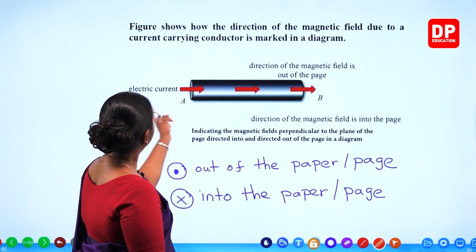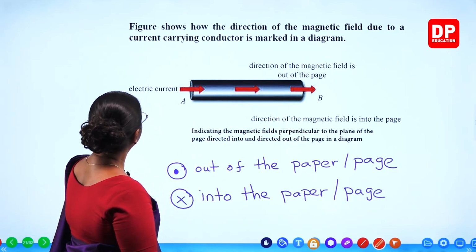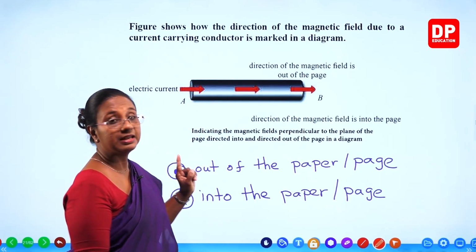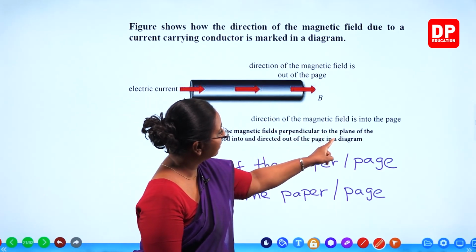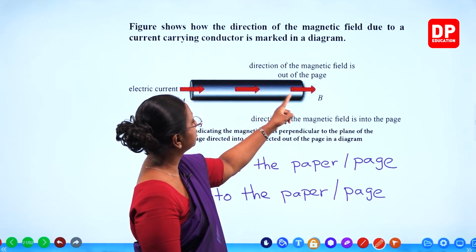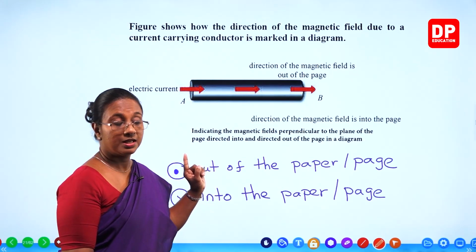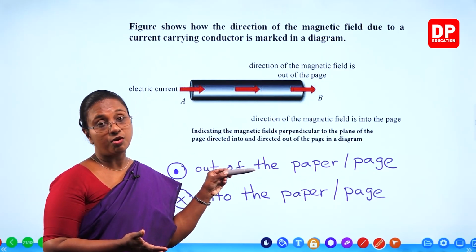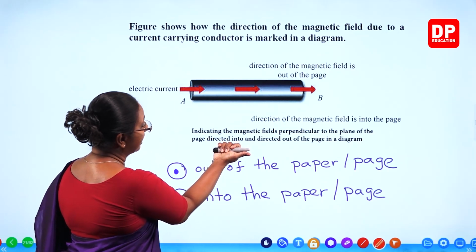So now we have a conductor AB. You can see electric current is denoted in the direction with the red color arrows. So here, the direction of the magnetic field is into the page, and the direction of the magnetic field is out of the page. If you use the Maxwell corkscrew rule or the right hand grip rule, you all know it's going to be like that.